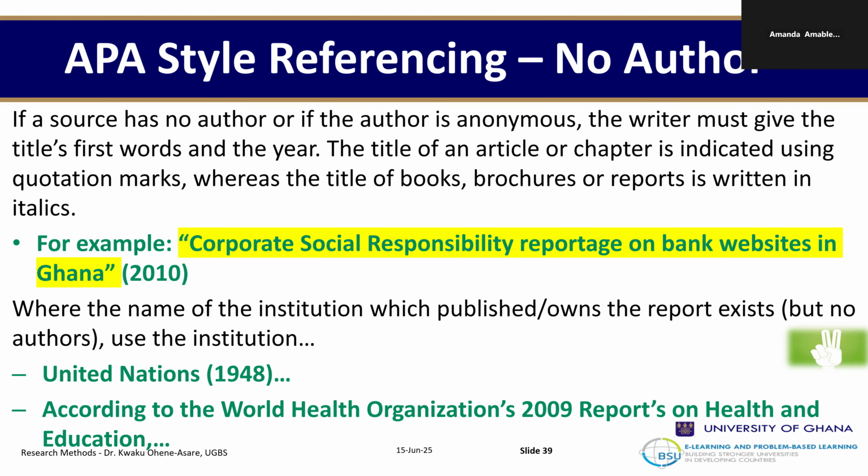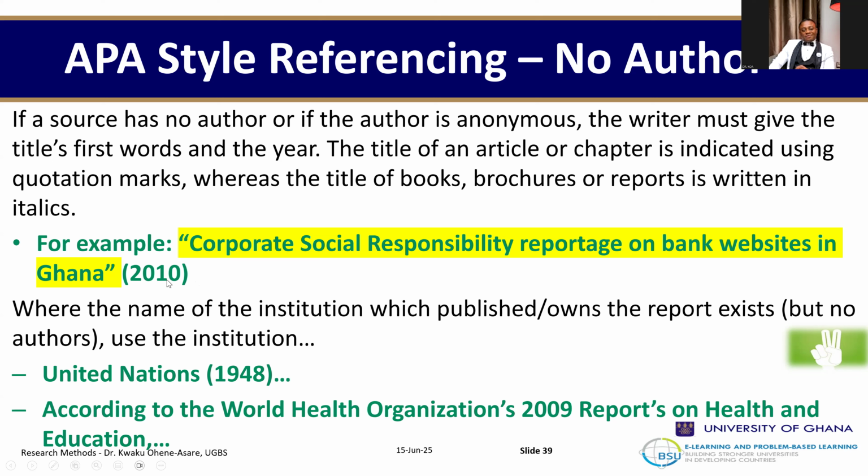Doc, please, with the example where the author is anonymous, how do you reference it? Okay, so you want to indicate the writer in the references. This is what I've given you here in the reference. But in the actual work, you can pick any of these words and use it.